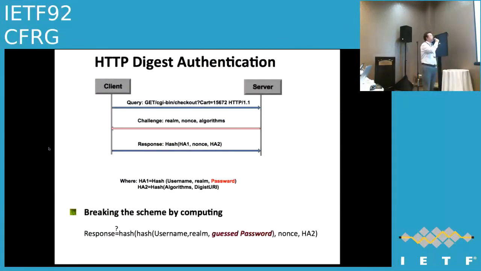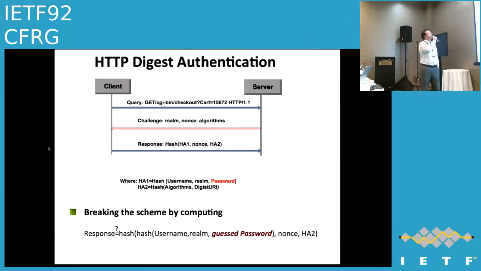The client hashes messages including username, realm, password, algorithm, and digest URI, and sends this response back to the server. The server then computes this hash and compares it with the response. If it succeeds, the client can access the authorized web pages.